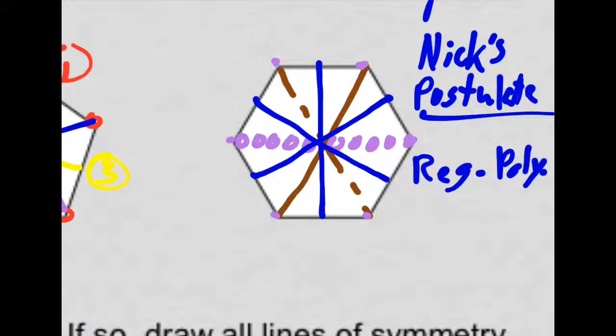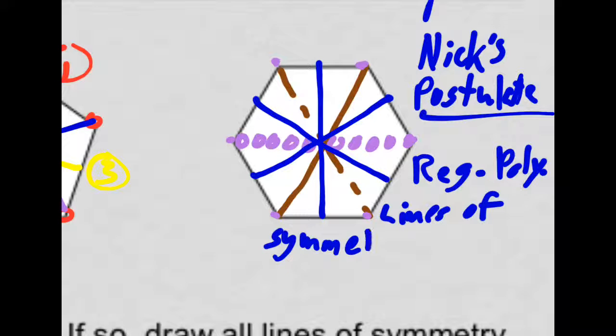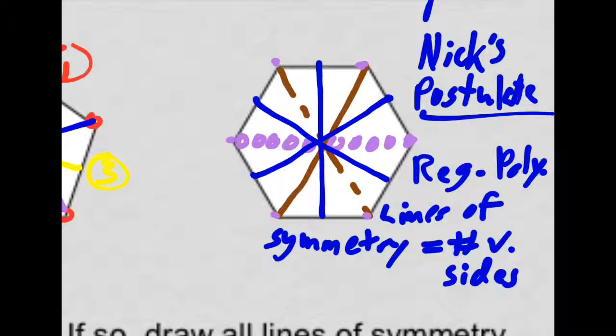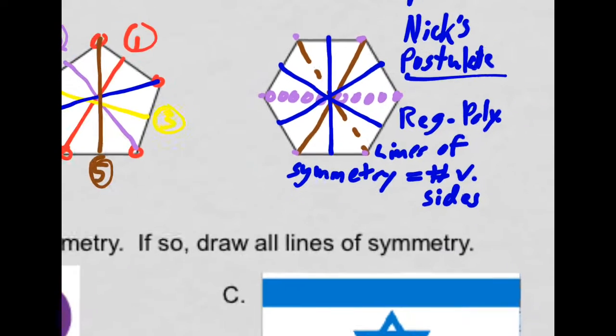Then I could say lines of symmetry equal the number of either vertices or number of sides. With a regular polygon, my lines of symmetry equal the number of vertices or the number of sides. Vertices and sides should be the same thing. If you have a pentagon, you're going to have 5 vertices, 5 sides. Okay.